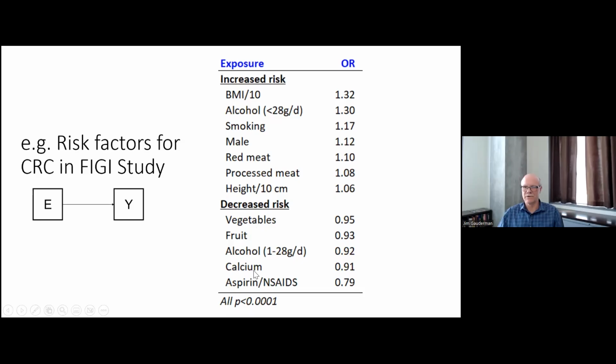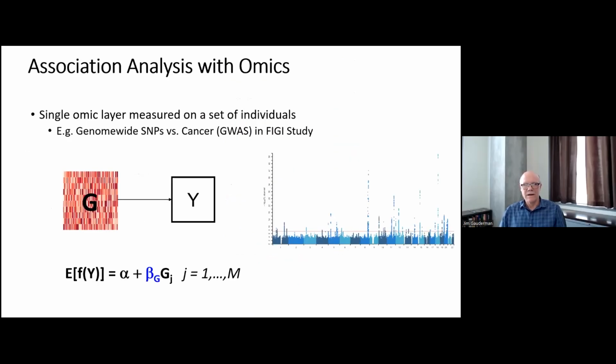And then there's a number of factors that we all know, vegetables, fruit, moderate alcohol, et cetera, that are on the decreased risk side. As I mentioned, the goal of this study, though, is not these direct effects. It's to try to bring in other layers and understand interactions.